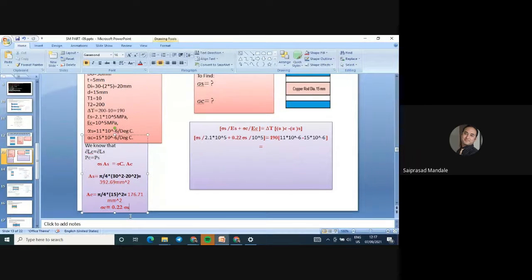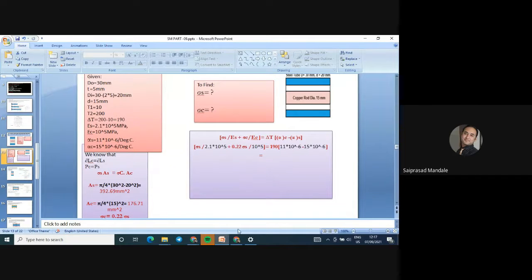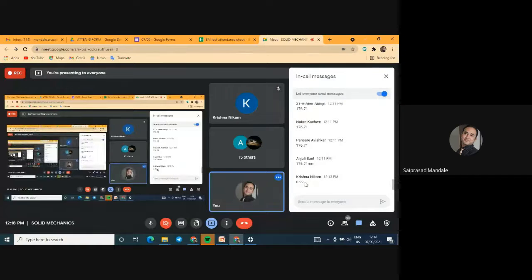Everybody who has calculated this, be aware: is it 0.22 or 2.22? You have to check. Somewhere it is given as 2.22. Everybody has to be very much aware. Are you calculating now? It is 0.22 or 2.22. Everybody has to check it. Sile Dangi says 2.22. Okay.